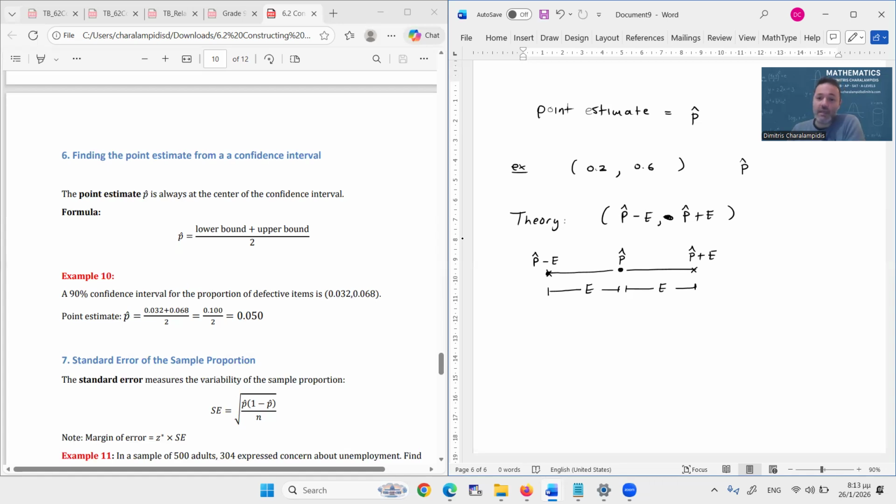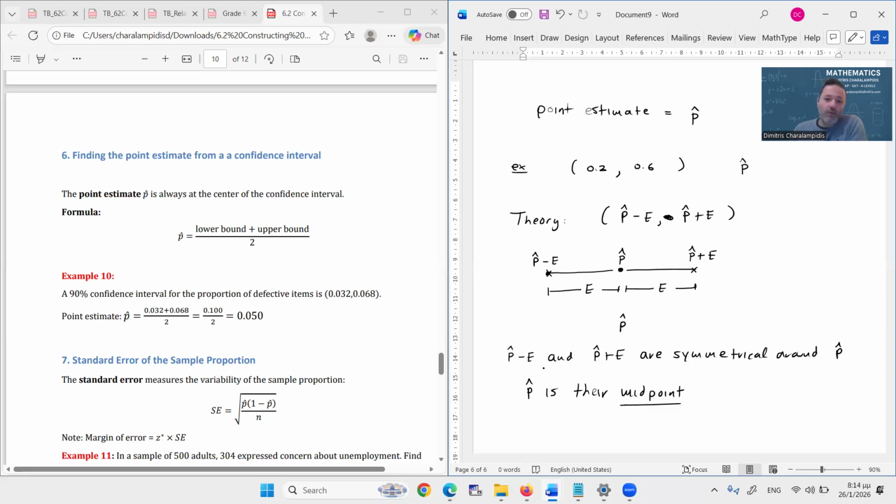This also means that p hat is in the middle and that these values, p hat minus E and p hat plus E, are symmetrical around p hat, and basically p hat is their midpoint.